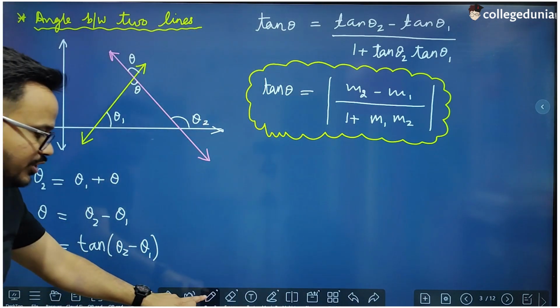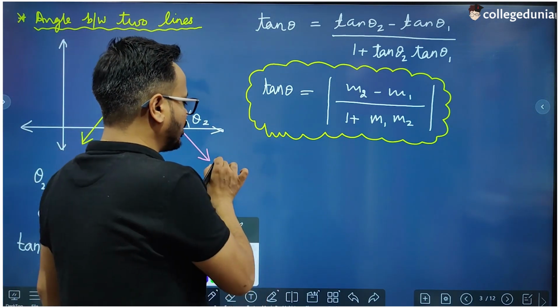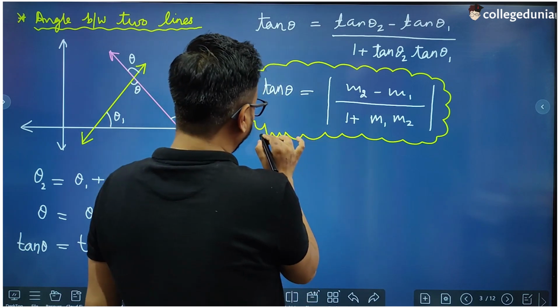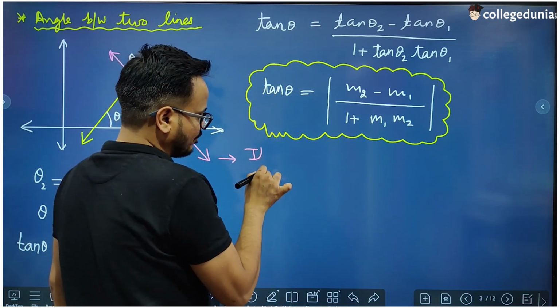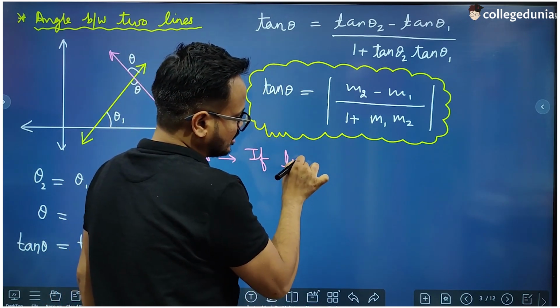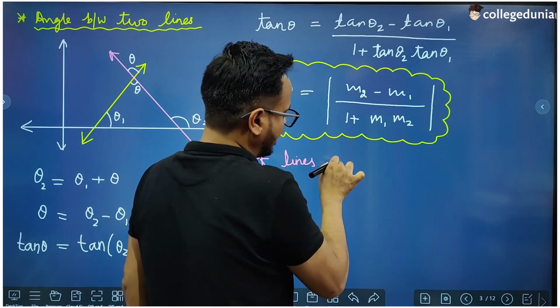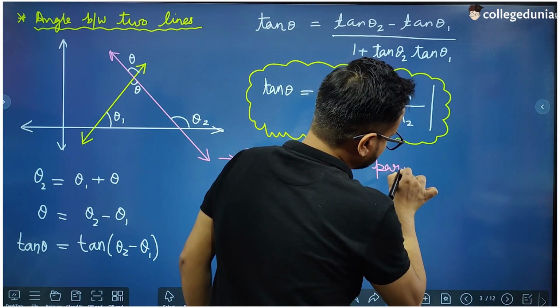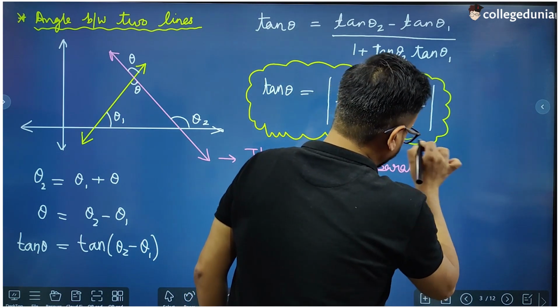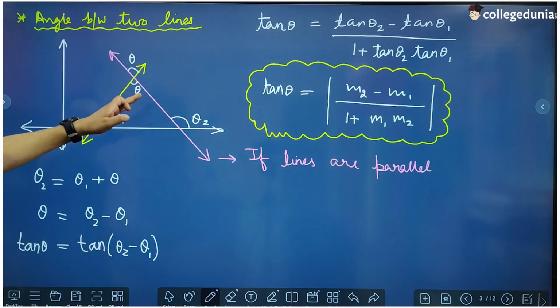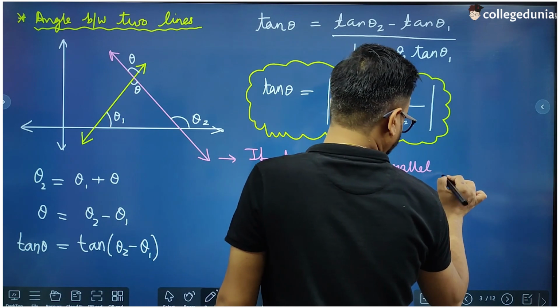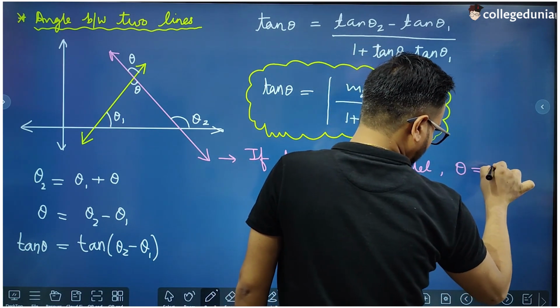Clear? So there are two very important special cases. If lines are parallel, what happens if these two lines are parallel? We know that the angle between parallel lines is 0 degree.